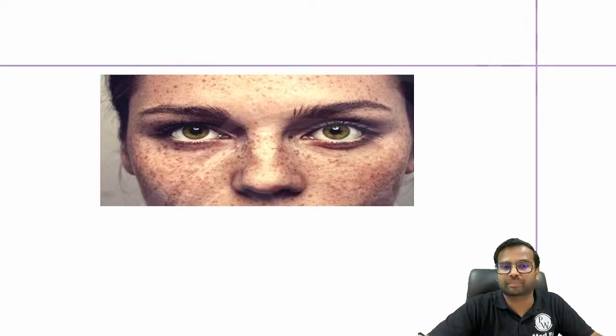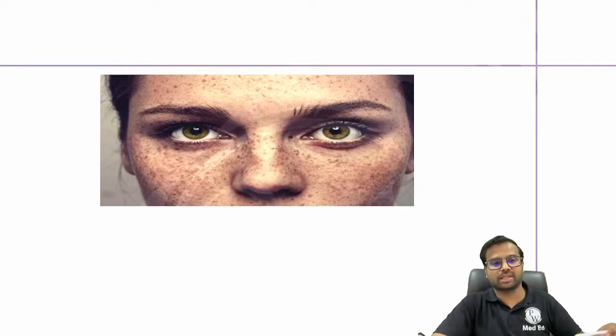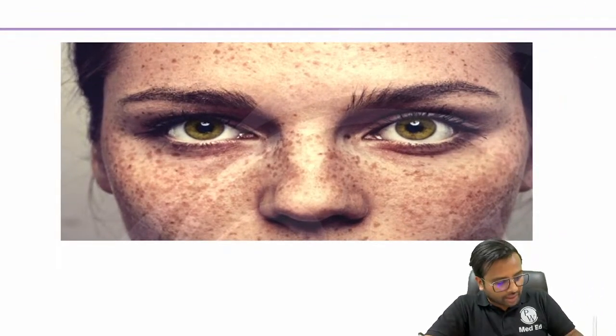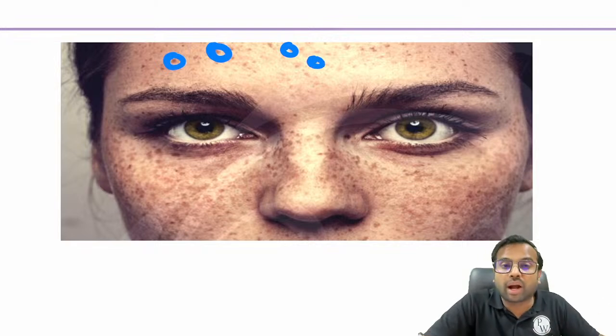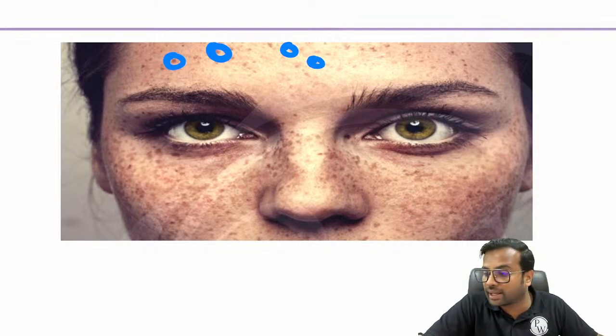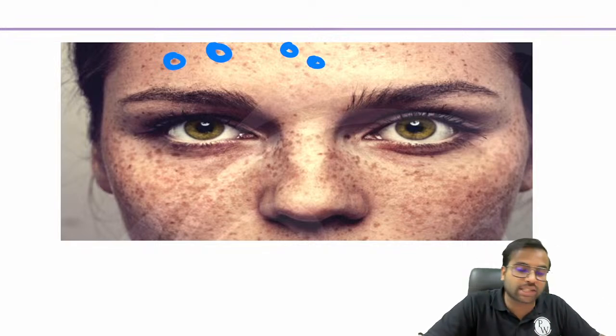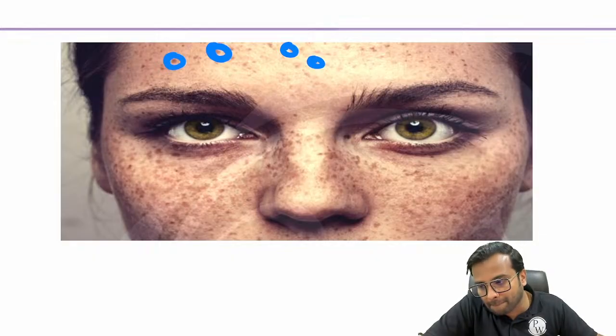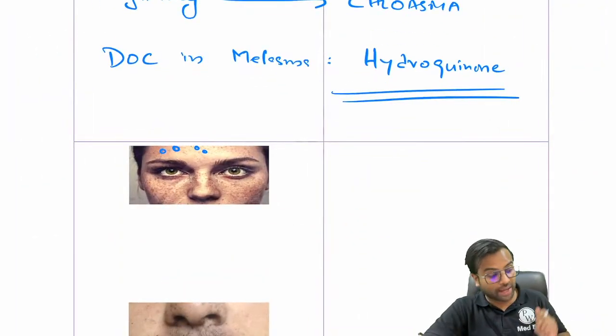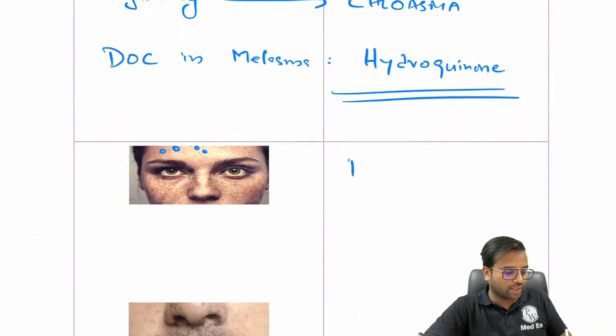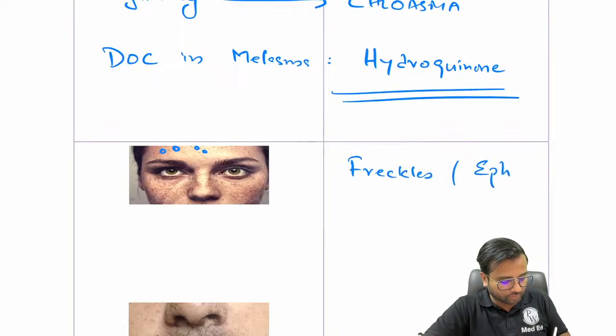Now, if I zoom this next image for you, can you tell me how is melasma different from this? How is melasma different from this image? अभी मुझे यहाँ पे क्या दिख रहा है कि there are a lot of small brownish hyperpigmented, yeah, these are called ephelides or freckles. Very good. Macules दिख रहा है इधर, है ना? So this is called freckles or ephelides.